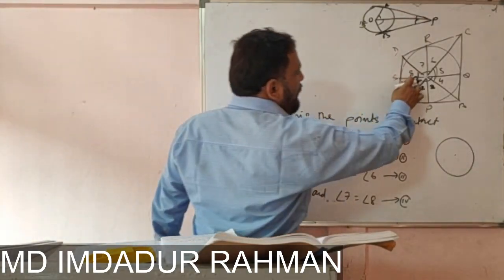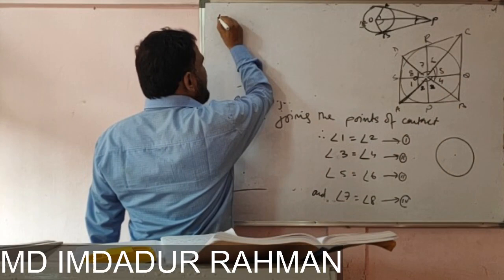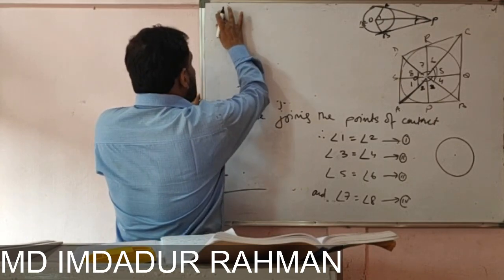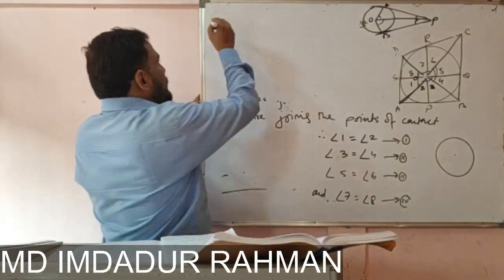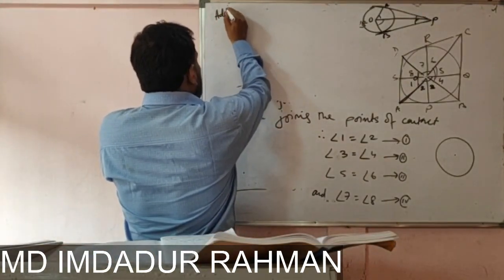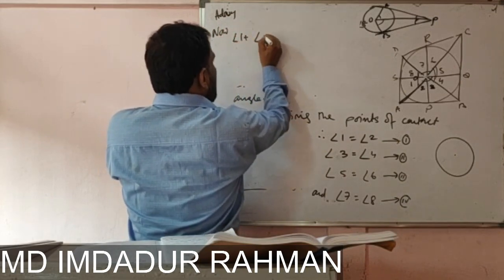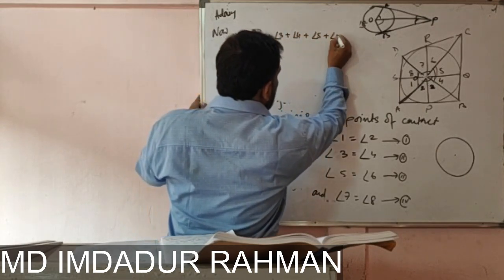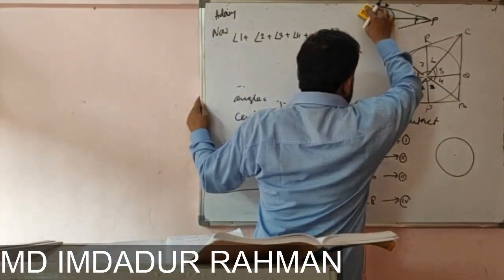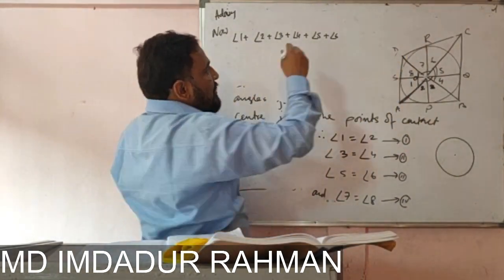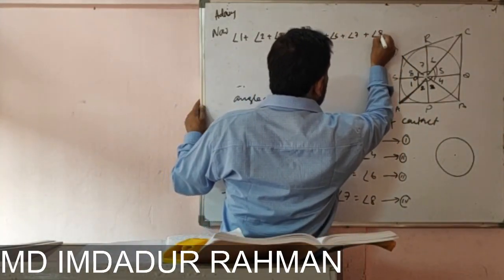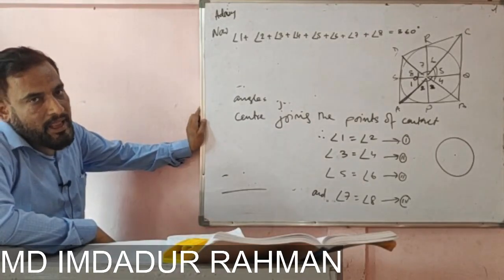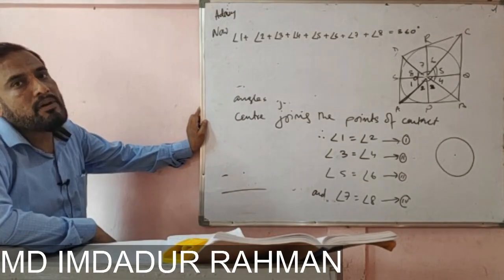So if we add all these angles, angle 1 plus angle 2 plus angle 3 plus angle 4 plus angle 5 plus angle 6, then angle 7 plus angle 8 is equal to 360 degrees, because the sum of the angles at the center is equal to 360 degrees.